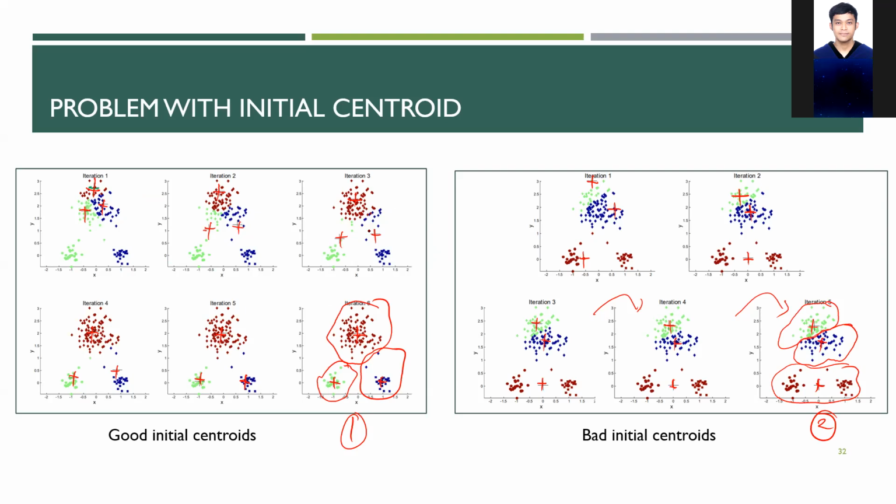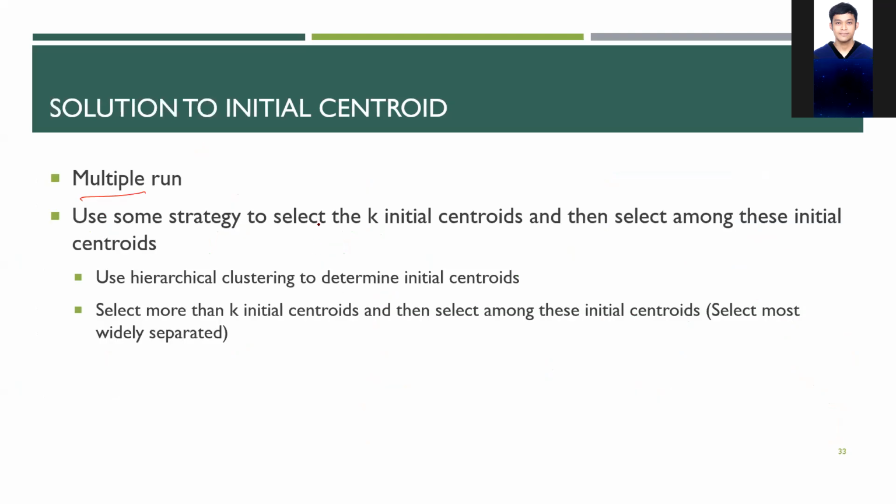We hope the first case happens more than the second case, so we can choose the first one as the best cluster. So we choose the most frequent case. Okay, so we run k-means several times.